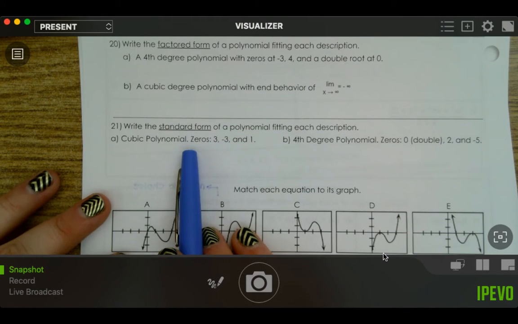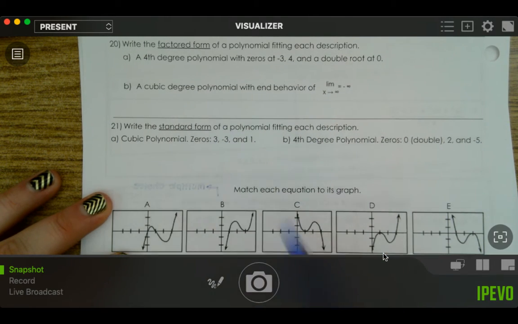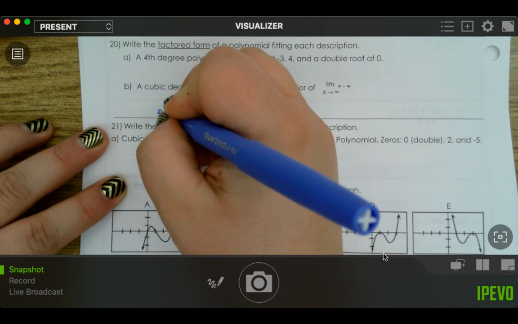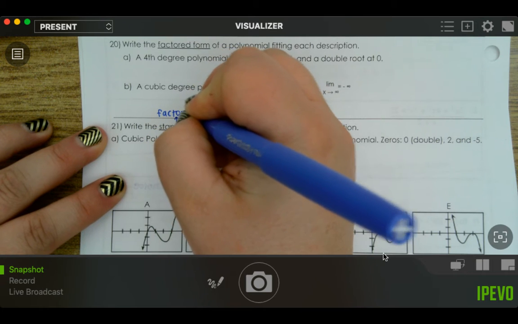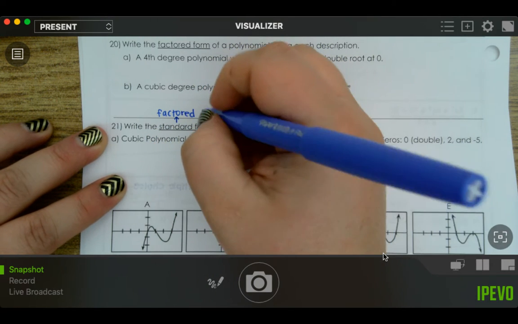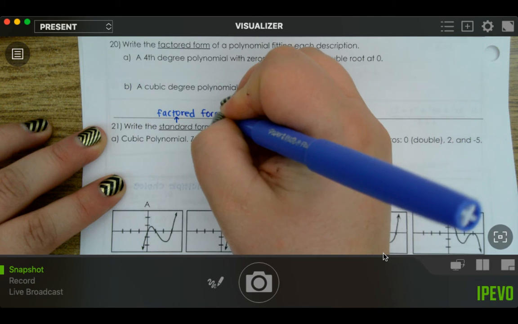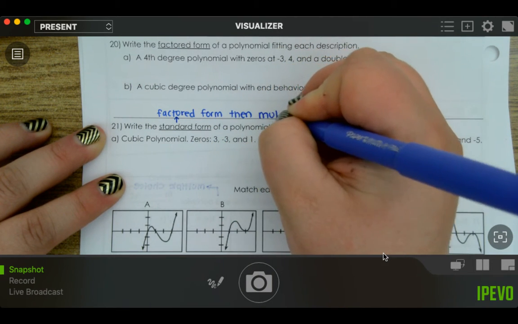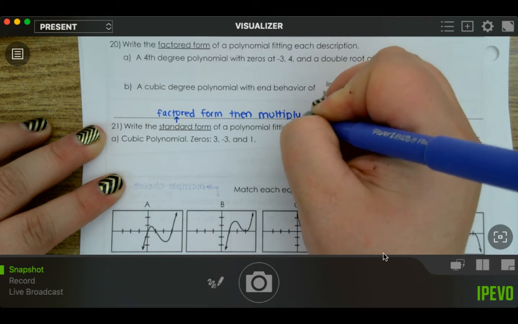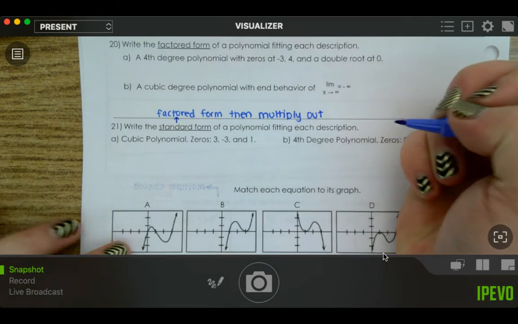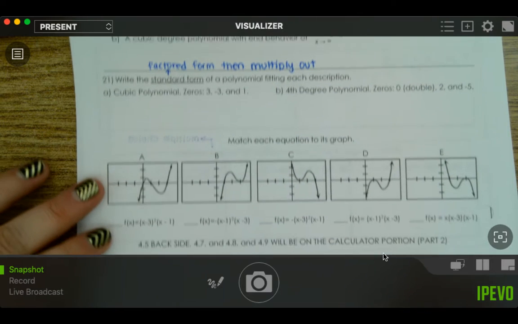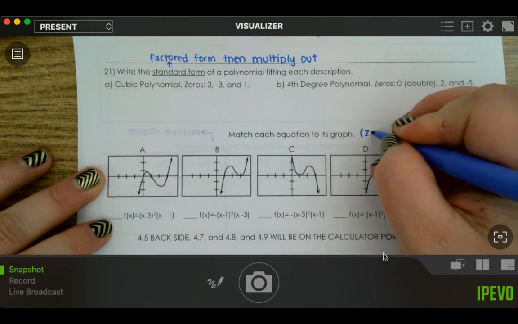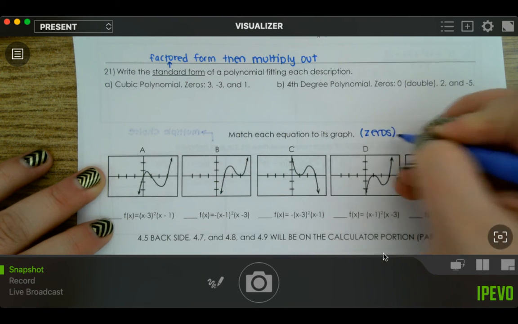And on 21, where it says write the standard form, I'm going to give you one suggestion in case you don't want to watch the other examples. You're going to start with the factored form, then you're going to multiply it out. And then there's a little bit of matching here at the end. Again, this is really just focusing on the zeros of the polynomial graph.